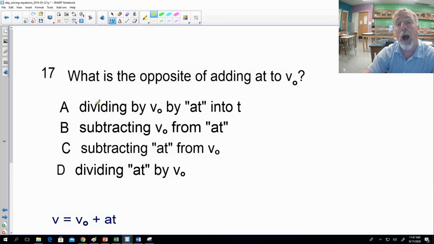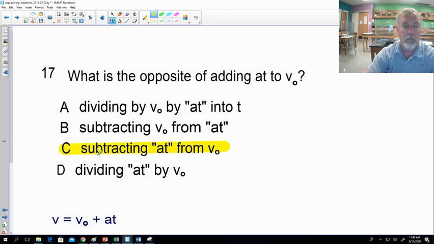So our next question, what is the opposite of adding AT to V0? How do we get rid of that AT? That's really what we're asking. And what we're going to do is subtract the AT from the V0.